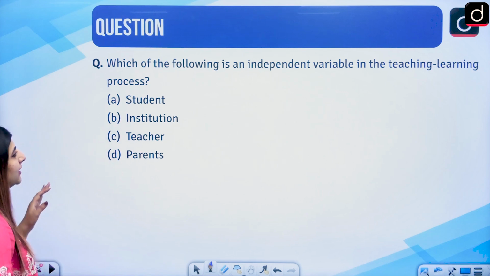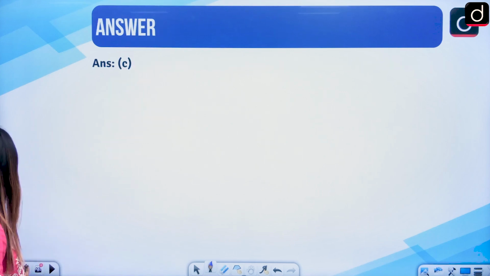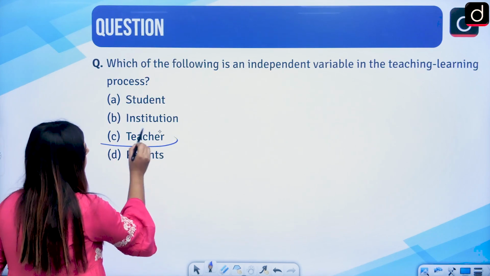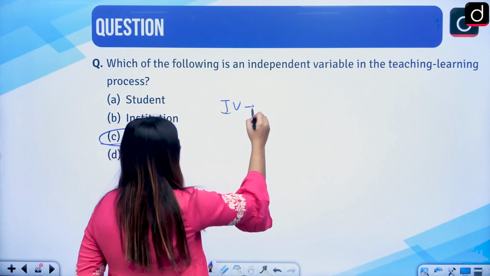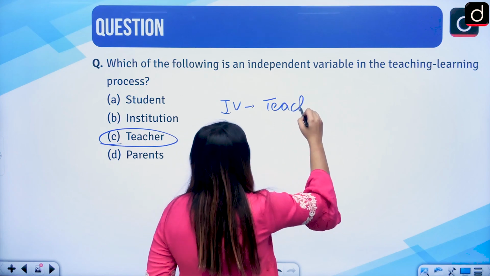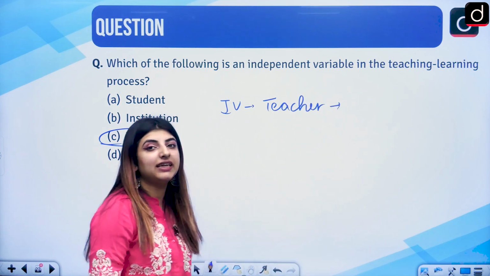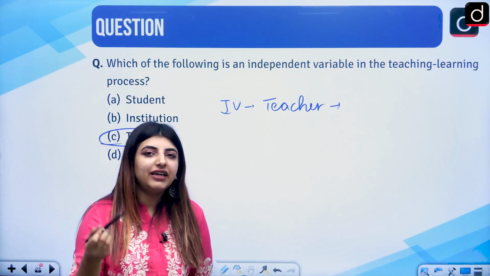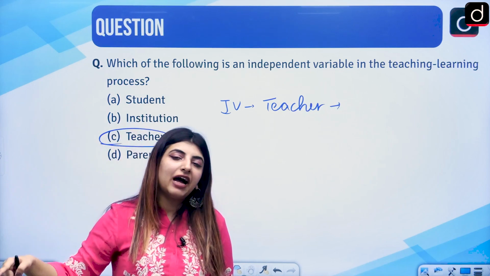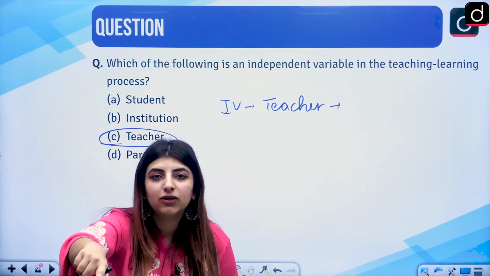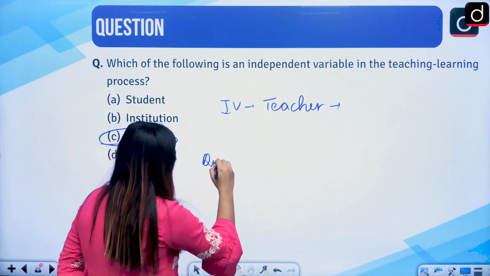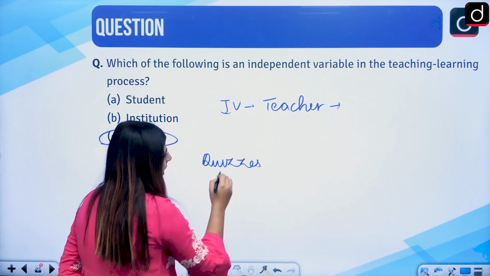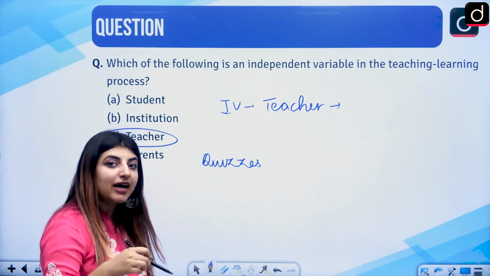The answer to this question is option C, that a teacher is the independent variable, because a teacher will make changes in her teaching style and the way she teaches will have an impact on the students who are learning in the classroom. If she is teaching through quizzes and she sees that students are improving.